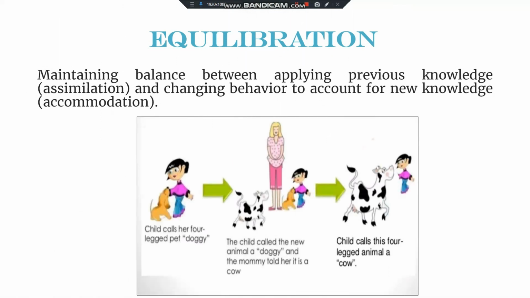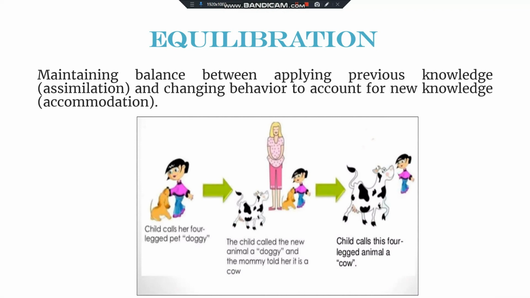For example, the child calls her four-legged pet doggy. The child called the new animal a doggy, and the mommy told her it is a cow. She saw a dog, then called it doggy, and then when she saw a cow, since it is a four-legged animal, she also called it a doggy.